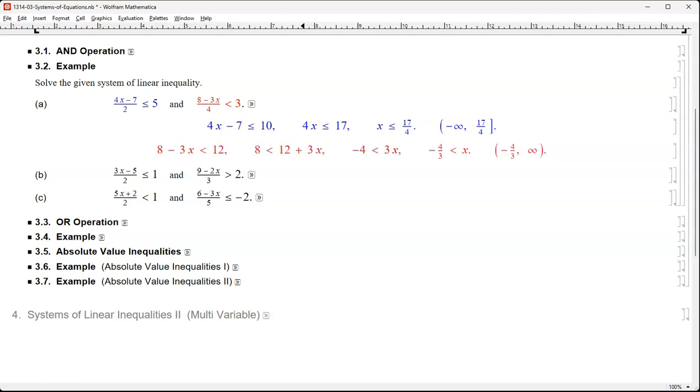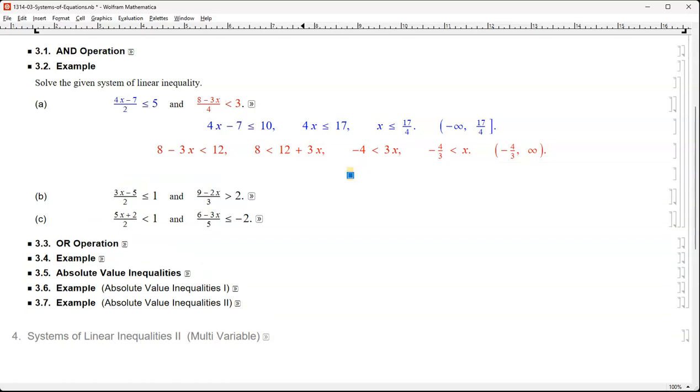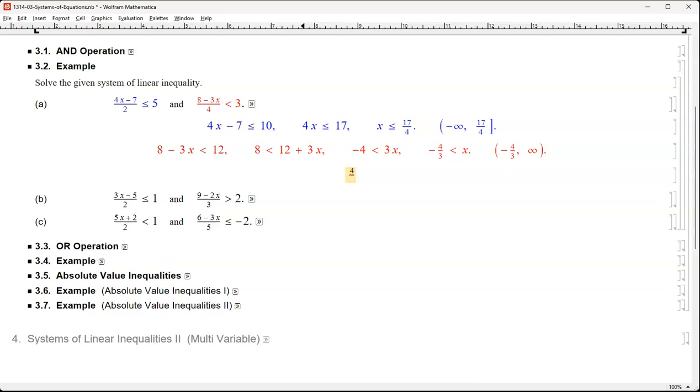Now, how do I put them together? Red and blue put together, so greater than -4/3 and less than or equal to 17/4. So you're going to get this: greater than -4/3 and less than or equal to 17/4.